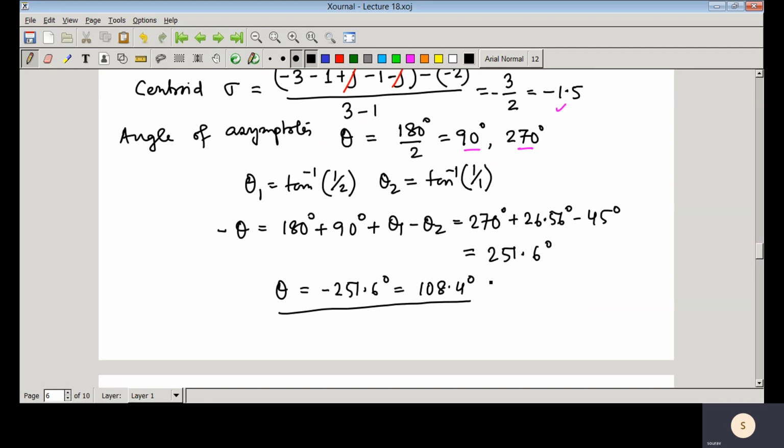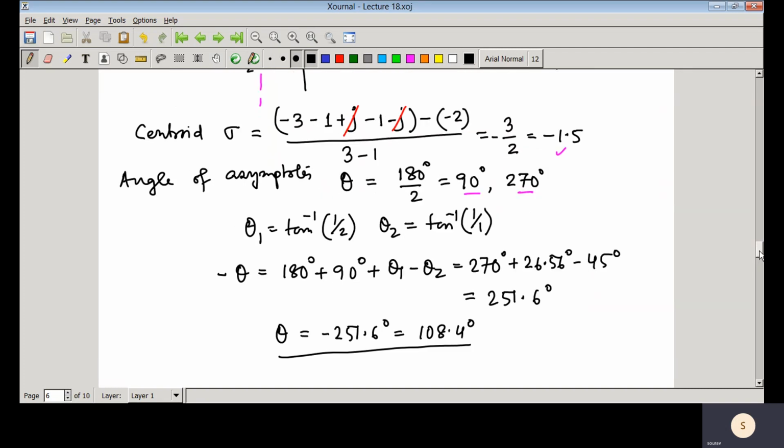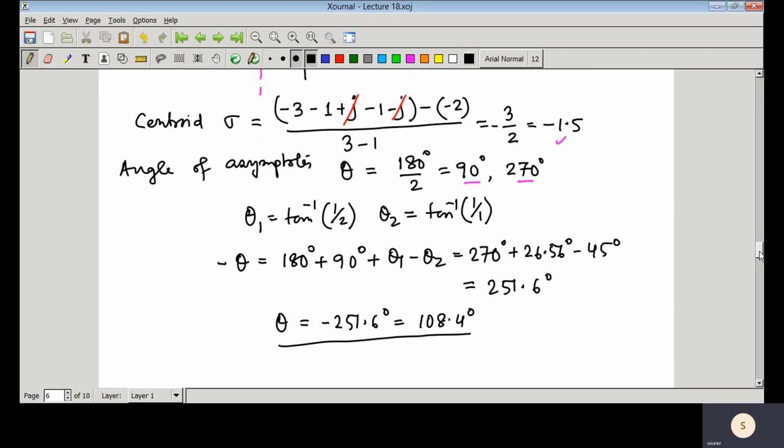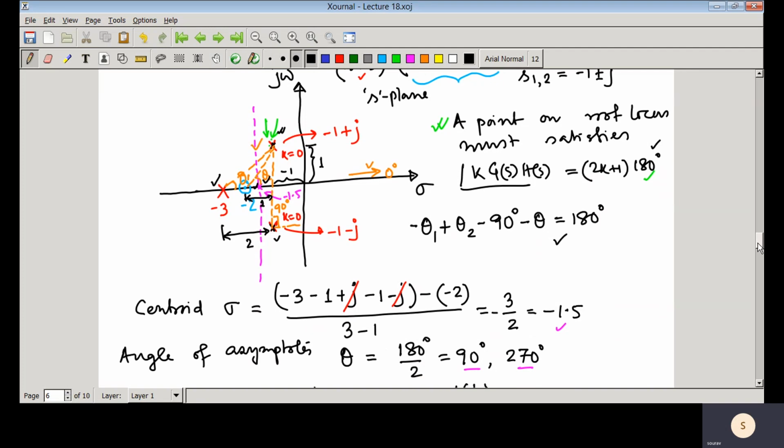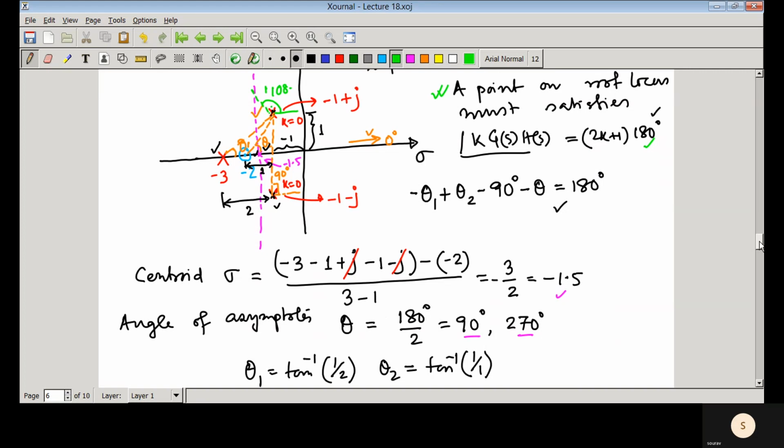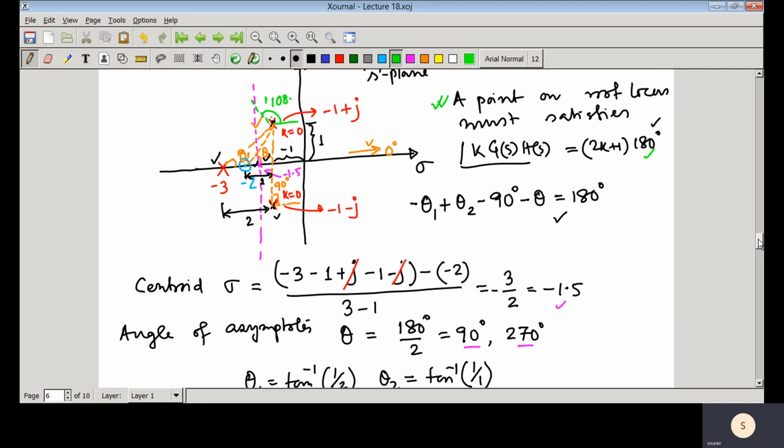So this angle is called the angle of departure, which is 108.4 degrees. Here you can see what happens. If we take this as the reference, this is the angle 108.4 degrees.